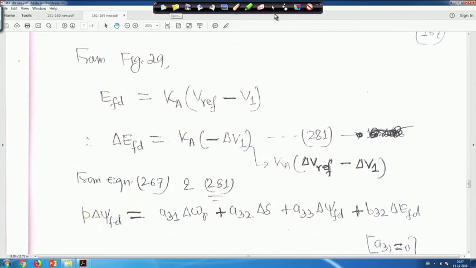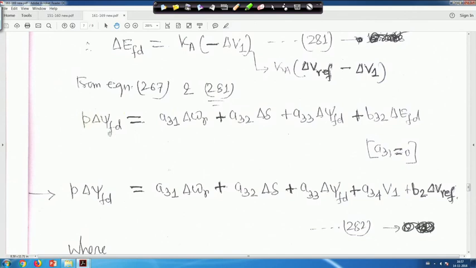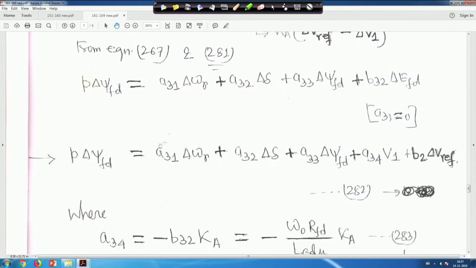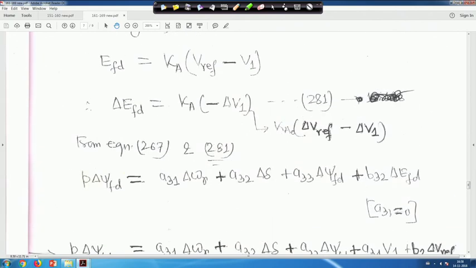And if you substitute this, you will get in this form, that is P delta psi FD is equal to A31 delta omega r plus A32 delta delta plus A33 delta psi FD plus B32 delta EFD, but A31 is 0, right. Or you can write A31 delta omega r plus A32 delta delta plus A33 delta psi FD plus A34 V1 plus B2 V reference, right, because delta EFD is equal to Ka into (V reference minus delta V1).